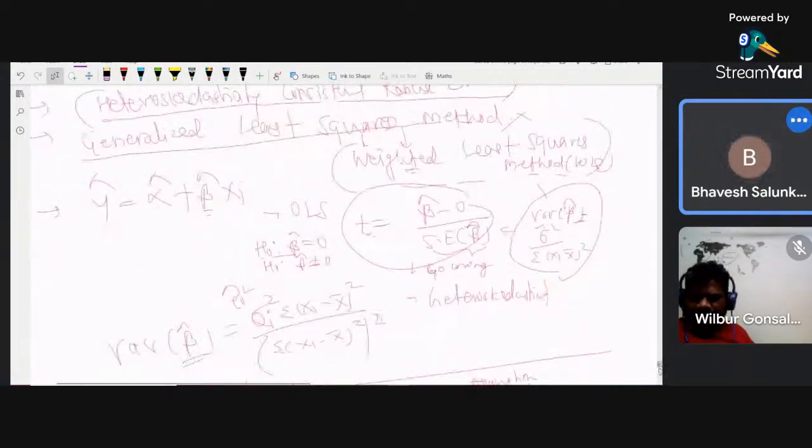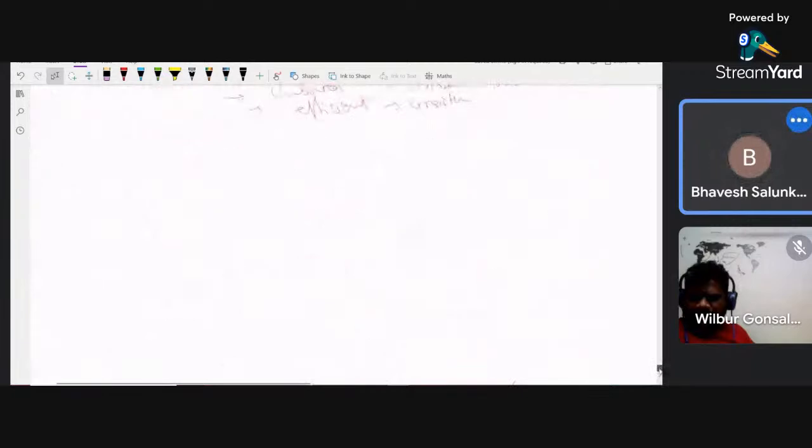This is when we go ahead with high multicollinearity, not perfect multicollinearity. The variances of the standard errors of the estimators will be large.